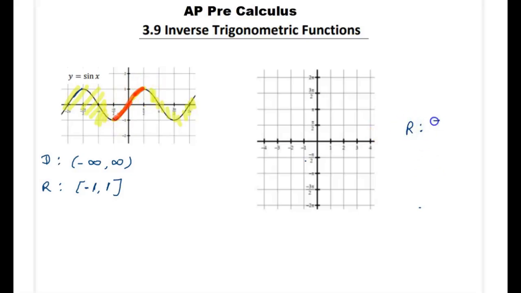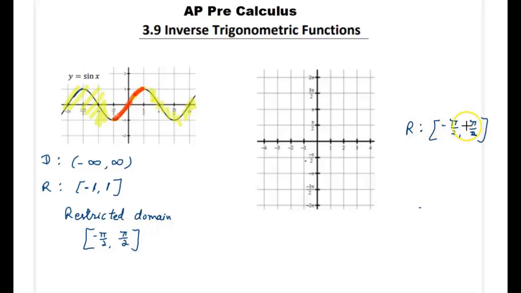So the range would be negative pi over 2 to pi over 2. The restricted domain becomes the range of the inverse function, and the domain of the inverse function is the range of the original sine function. So the domain would be negative 1 to 1.